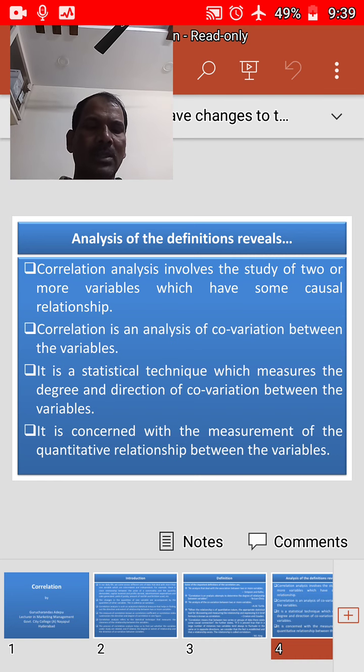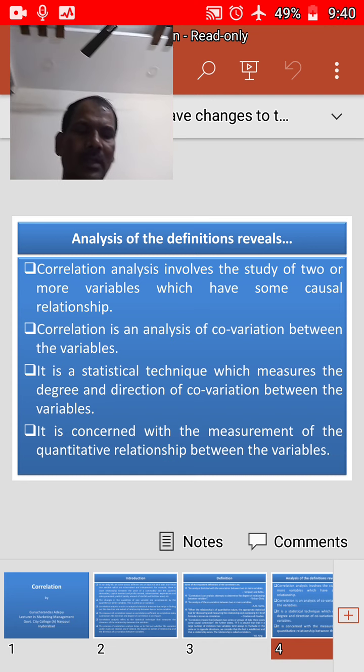The second is that correlation is an analysis of covariation between the variables. And it is a statistical technique which measures the degree and direction of covariation between the variables, right?